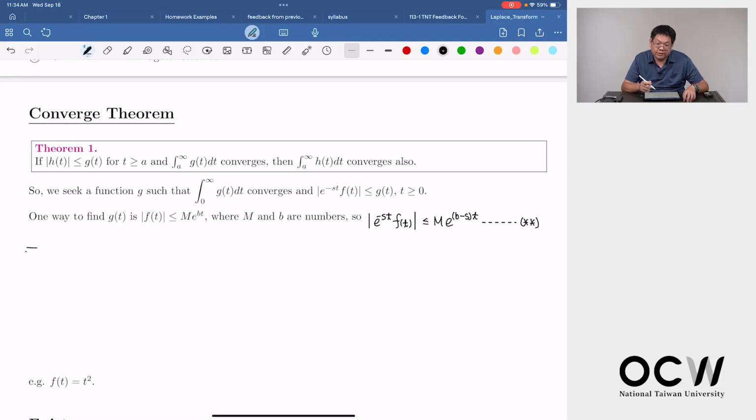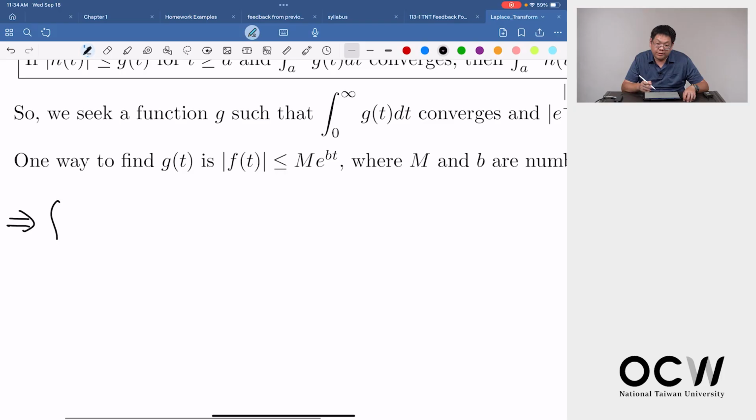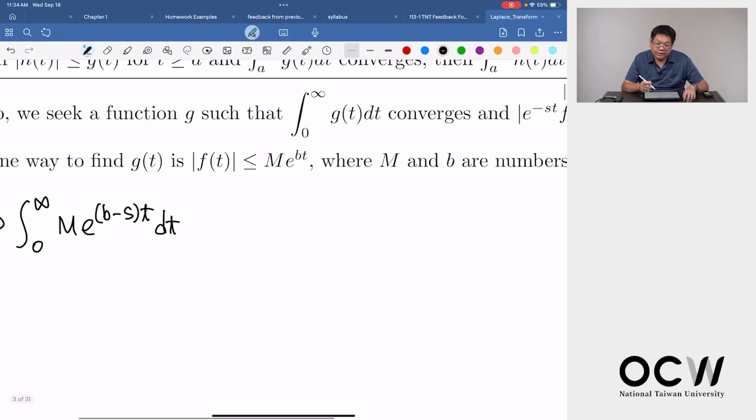So let's look at this integration, M times e to the (b minus s) times t dt. We say this integral converges if s is greater than b.